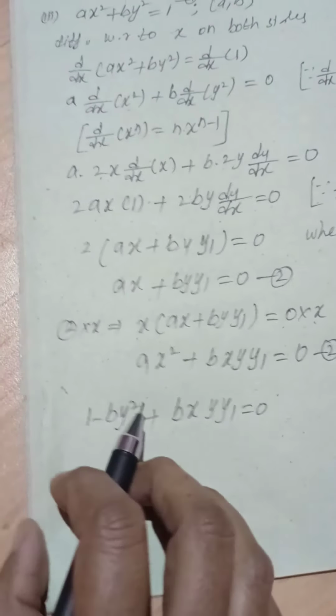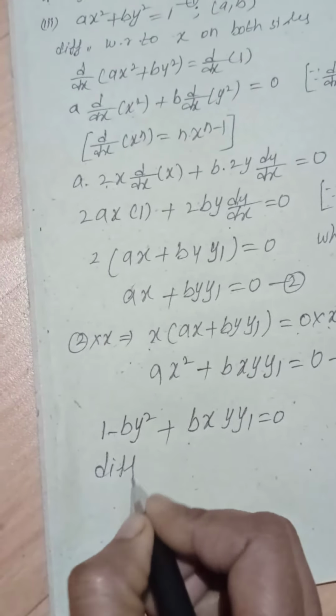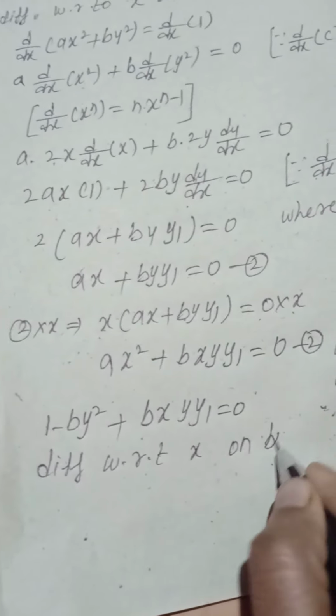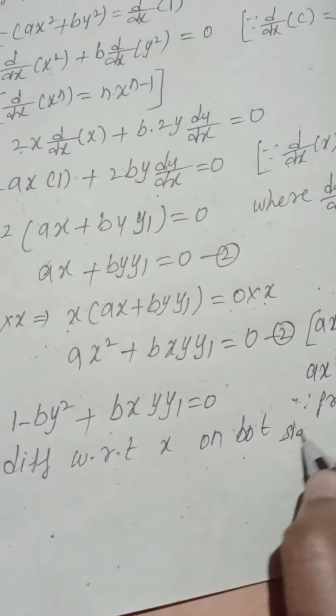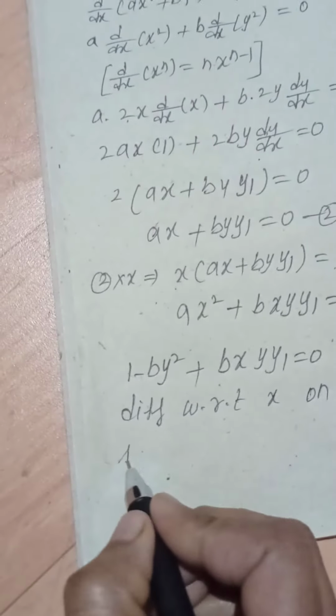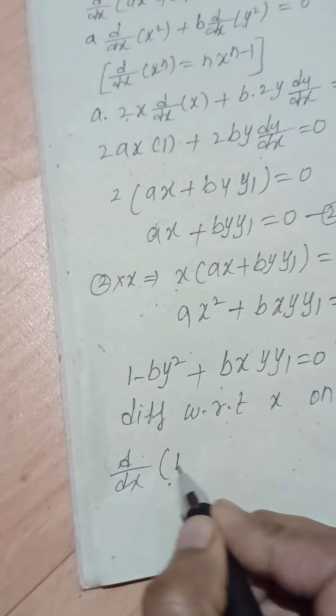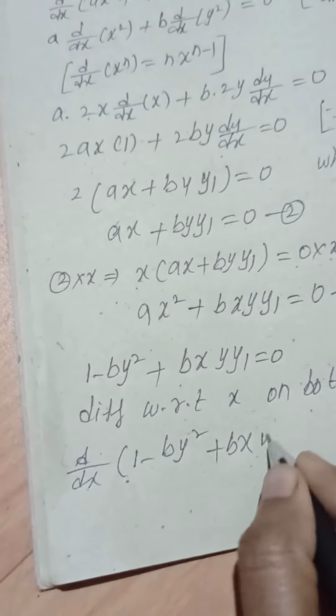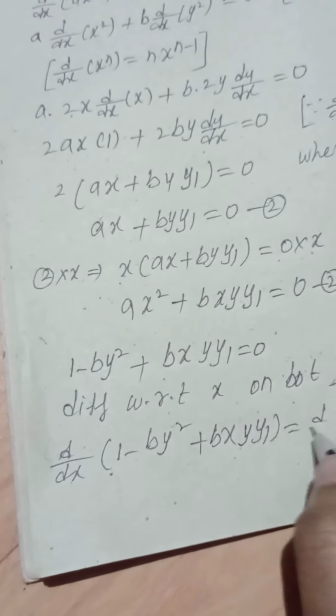So differentiate with respect to x on both sides. d by dx of 1 minus b y square plus bx y1 equal to d by dx of 0.